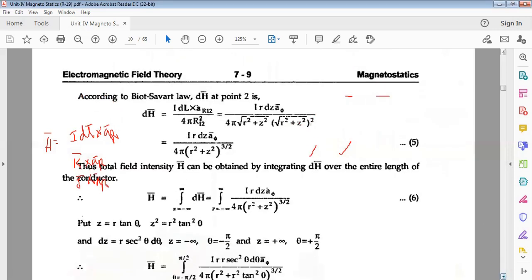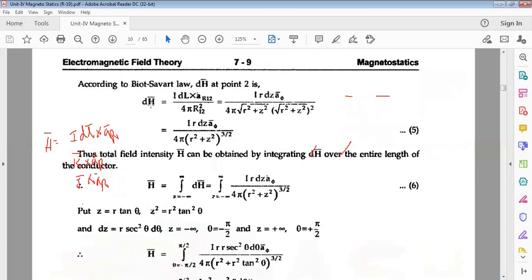Got it, madam? Now dH bar is equal to, according to Biot's law, dH bar at the point 2, which means the point is on the y-axis, I dl bar cross AR12 bar by 4 pi R12 square. What is I dl bar cross AR bar? We got I R dz Aφ bar and square root of R square plus Z square is there.